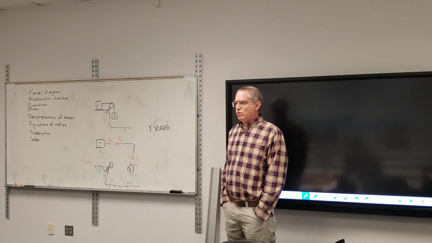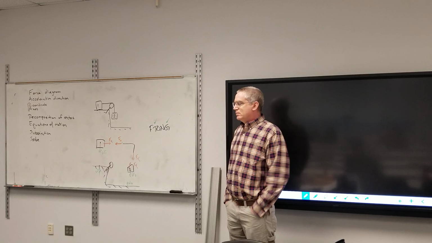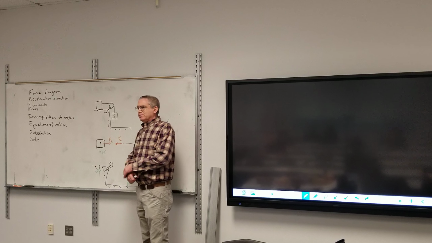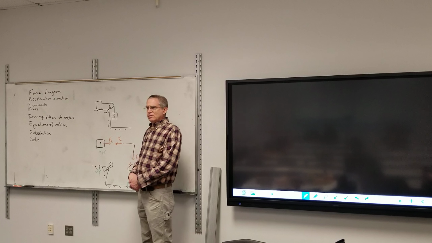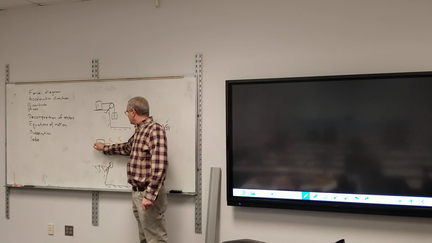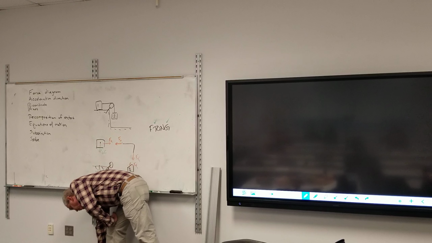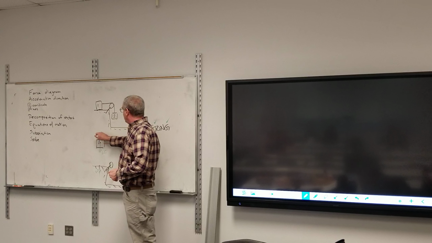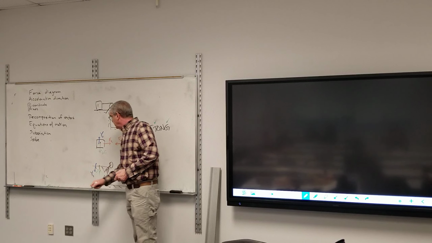All right, so we do have normal forces acting on what? Box one. Acting which way on box one? Going up. Yes, it is. Down to the ground. All right, so I got a normal force there and acting down on the ground.